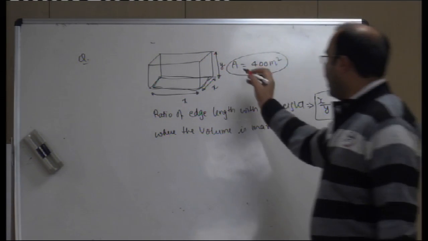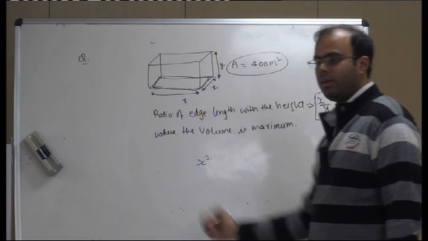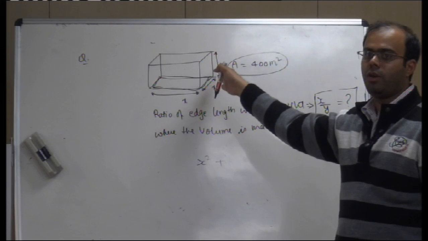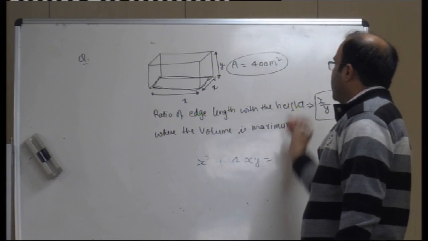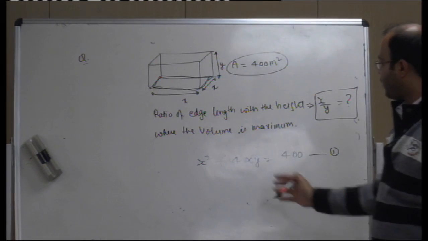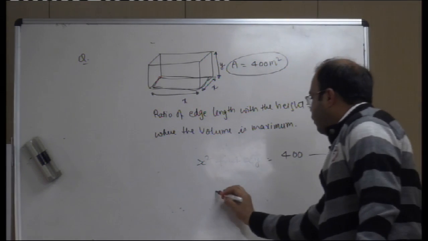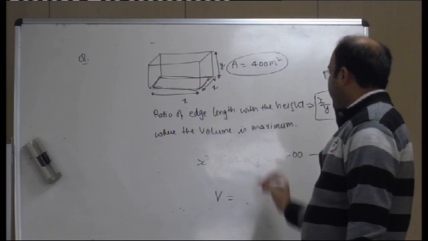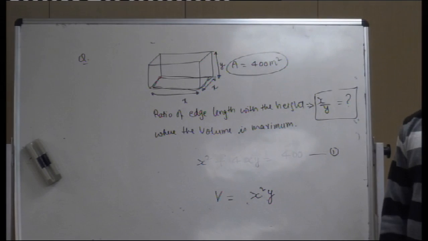The area is x square, which is the base area, plus the wall area x into y, and there are 4 walls, so 4xy, and this area value is 400. So here we have expressed 2 variables. Now the volume v is x square, the base area, into height y.